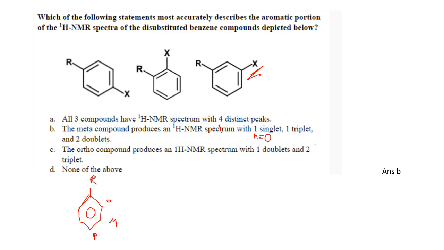Then we'll get one triplet because of the two hydrogen atoms, so n equals 2. And here we'll get two doublets, where n equals 1. The n plus 1 rule will be followed, and we'll get n plus 1 peaks: 1 plus 1 is 2 for doublets, and one singlet.